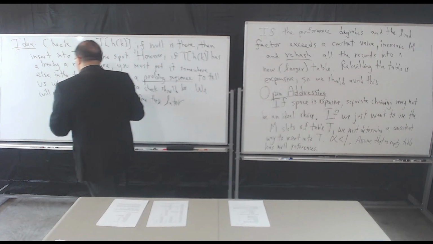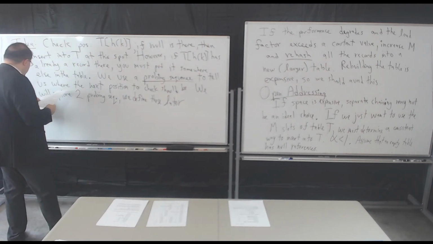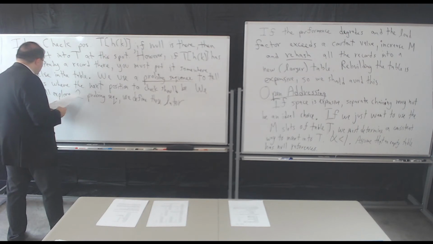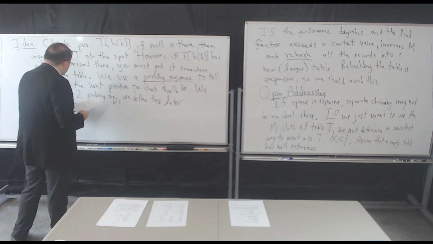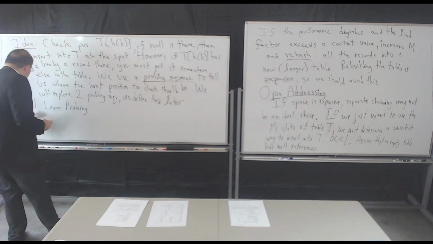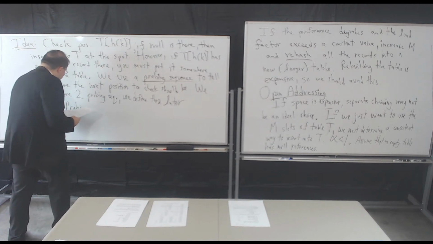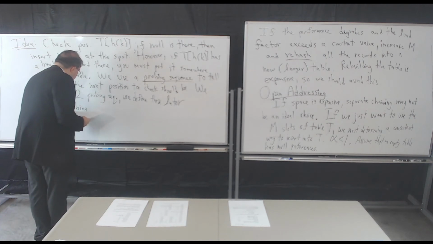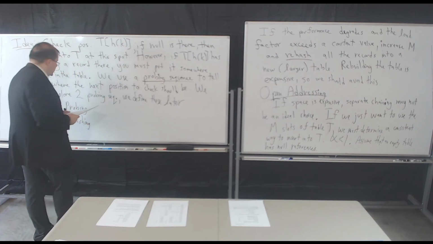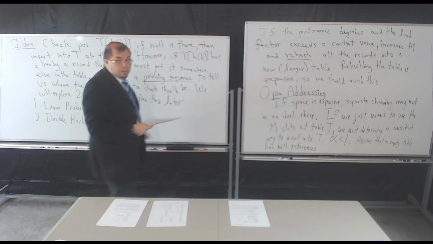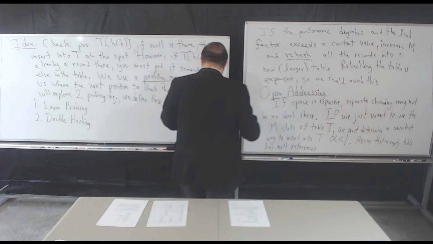So the two are the following. The first one is called linear probing. The second one is double hashing. So those are the two.